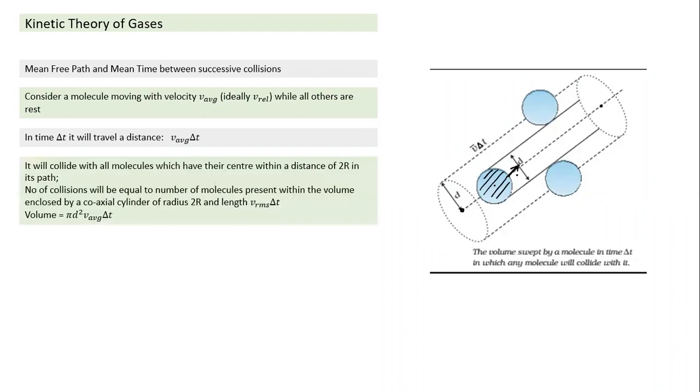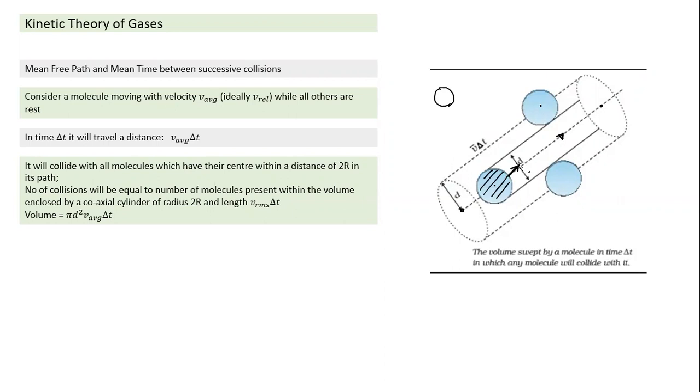Now the question comes: during this travel in delta t, how many collisions will it have? If another molecule is far away, it will not collide. It will collide with only certain other molecules. Which ones? What is the condition necessary for collision to take place? Take the path of motion of this molecule, the line along which it is moving.